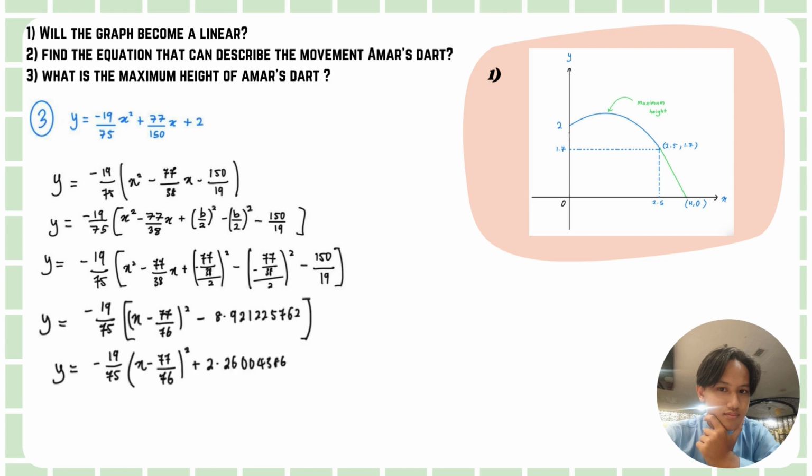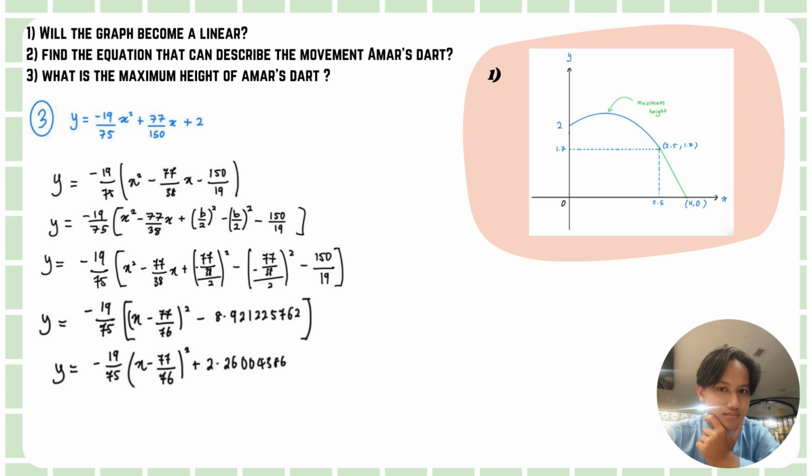And next, we can factorize the value in the bracket, and it will become (x minus 77 over 76) squared. Simplify the value at the back to become -8.921225.762.